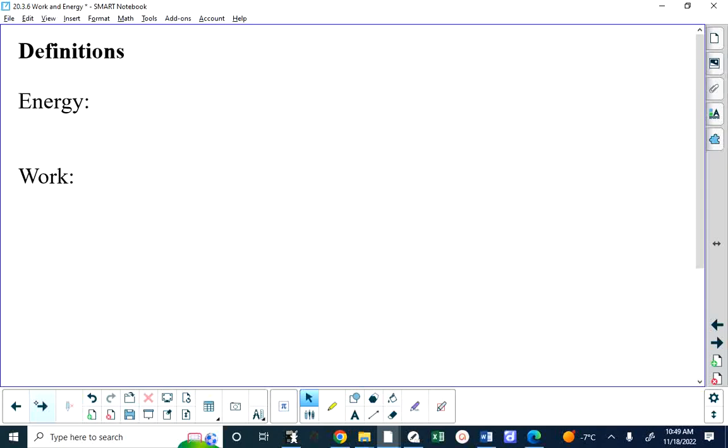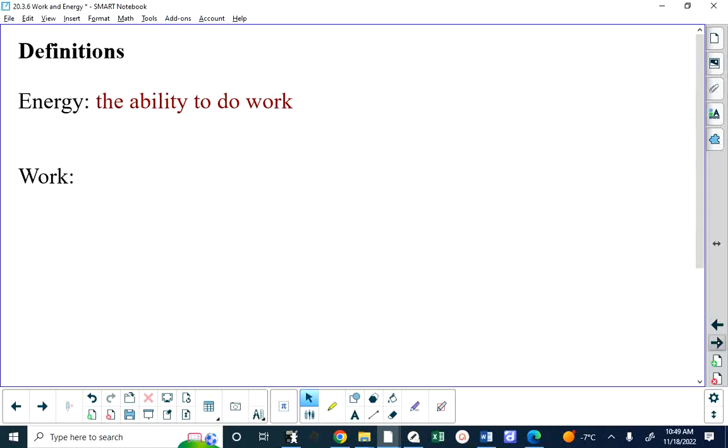They really are. Energy is the ability to do work. That's it in a nutshell, as my grandpa would say. Boiled down to its essence, energy is the ability to do work.